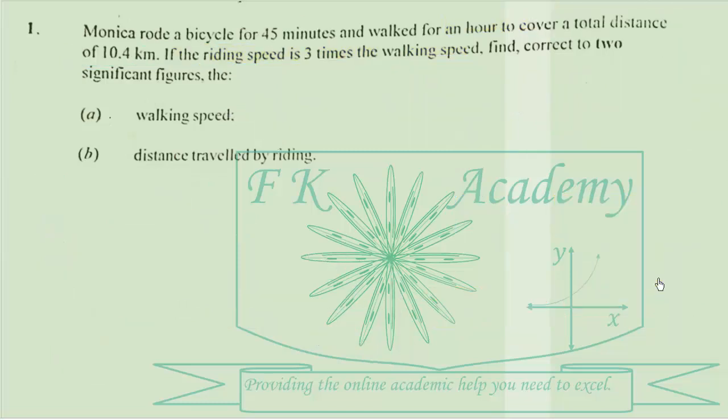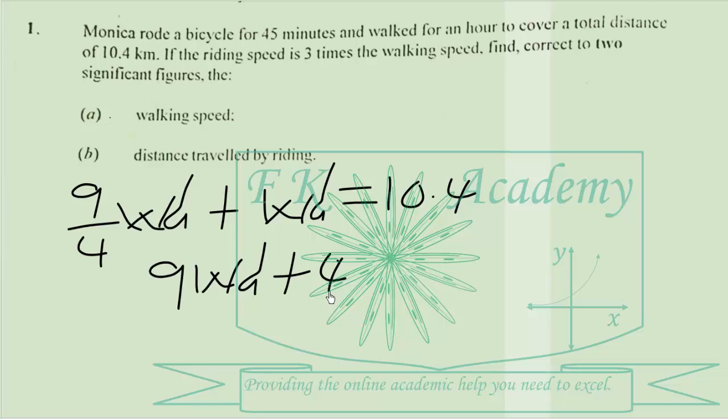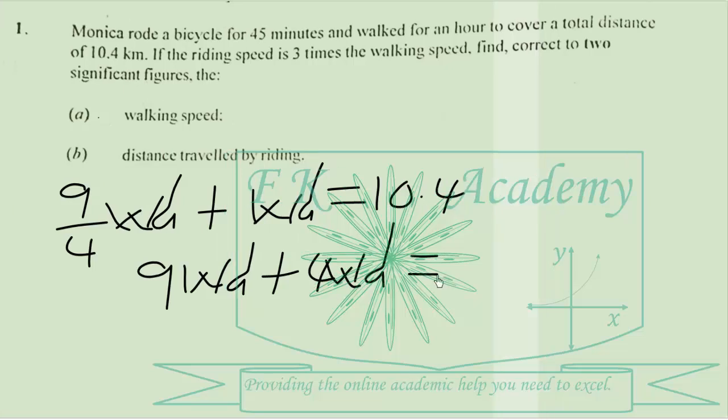So I'm going to get RD, which is 9/4 WD, plus WD is equal to 10.4. I can multiply through by 4 now. I'll get 9WD plus 4WD is equal to 10.4 times 4, which is giving us 41.6.